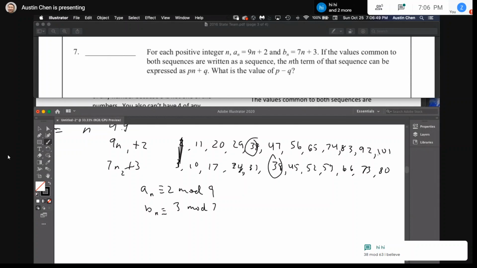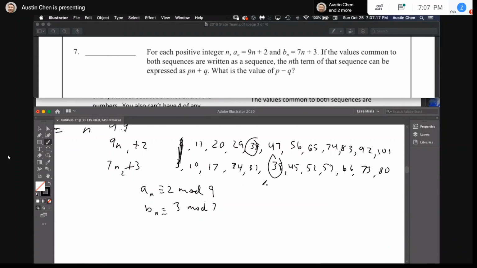If you add 63, which is 9 times 7, to both of them, they're both still going to be in their own sequences. If you add 63, you're adding 0 mod 9, so it's still 2 mod 9 and still in the sequence a sub n. Same thing with b sub n. And 63 is the least common multiple of 9 and 7.